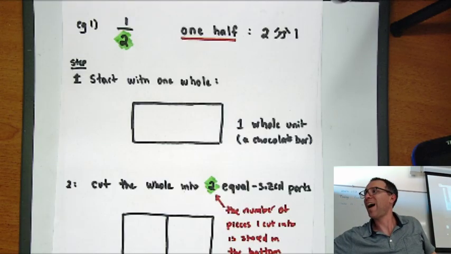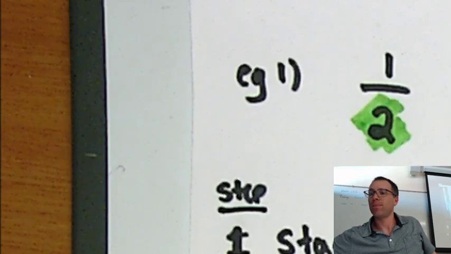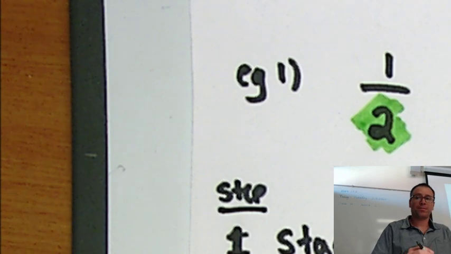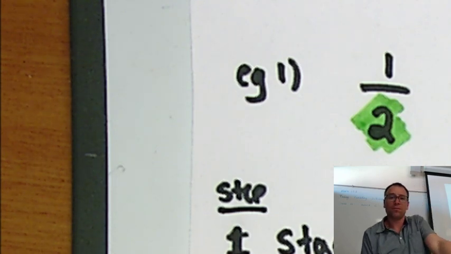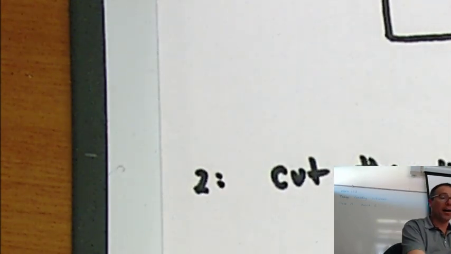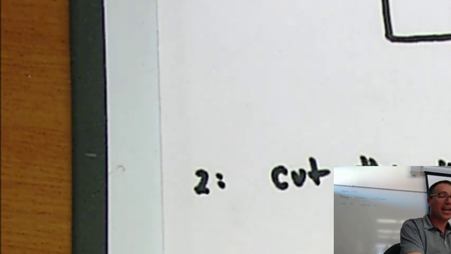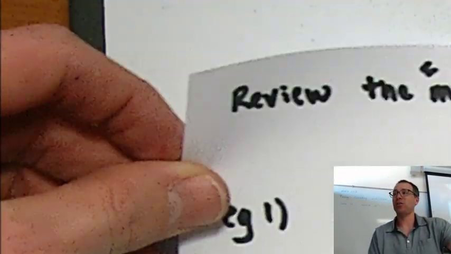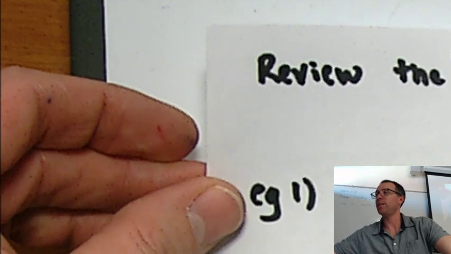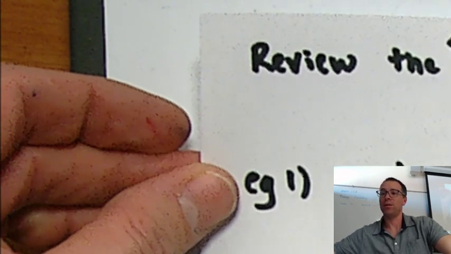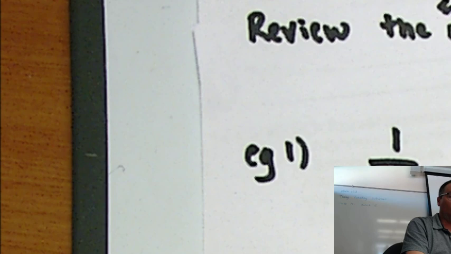So what does 1/2 mean? Well, on the top, you're talking about parts of the bar, parts of the whole. So then what we do is we take how many of those pieces? If I look at that fraction, how many of those pieces am I going to take? One. Yeah. I take one of these pieces.